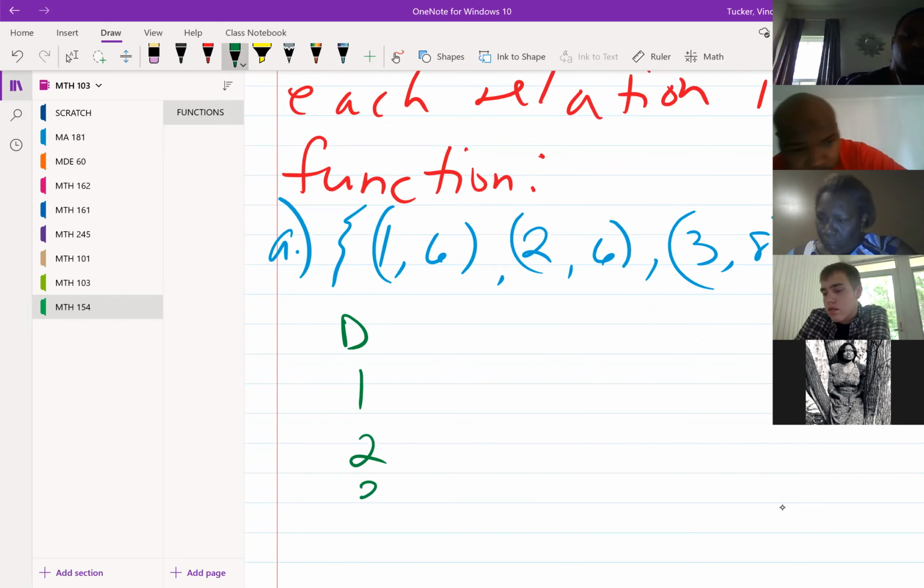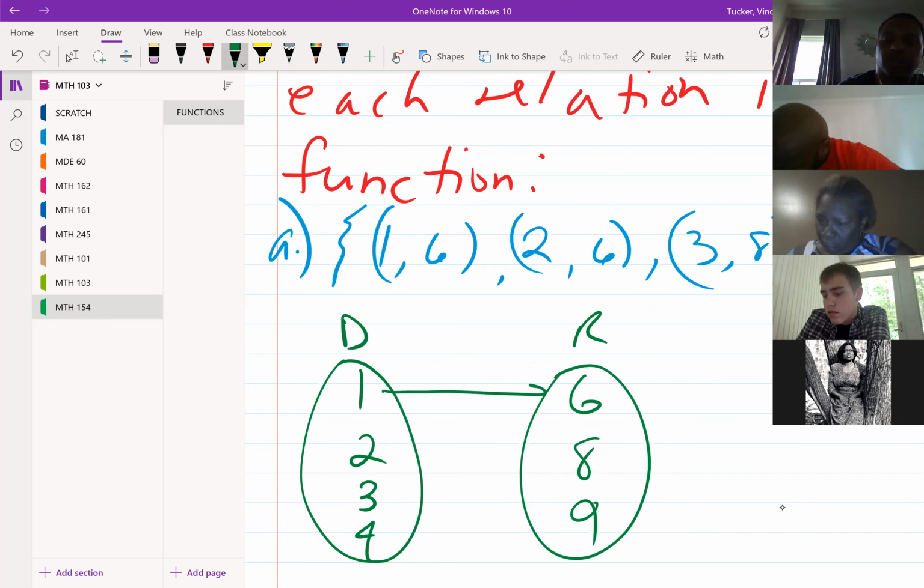All right, and 1 goes to 6, 2 goes to 6, 3 goes to 8, 4 goes to 9. And we have to ask ourselves, does this fit the definition of a function? So remember what the definition of a function is, that a function is a relation in which the elements from the domain corresponds to exactly one element in the range.